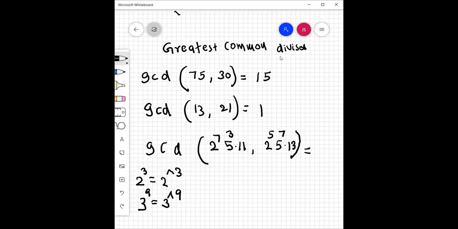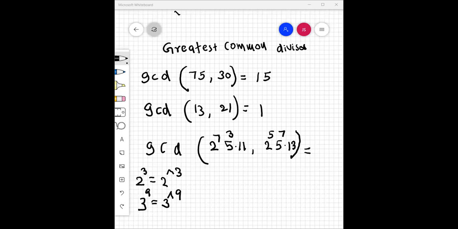Right, so let's see the answers. 2 to the power 5, 5 to the power 3. Yes, that is 2 to the power 5 times 5 to the power 3. Greatest common divisor, the definition is in the name, right?